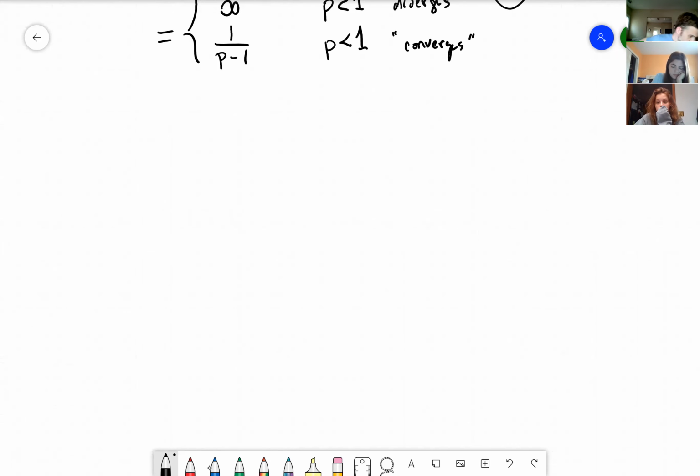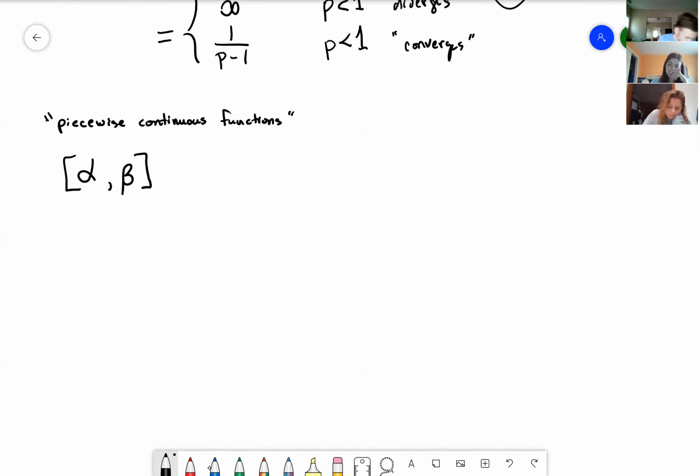So since we're going to be dealing with a class of functions larger than the continuous functions, we should review that class very quickly, and that is piecewise continuous functions.